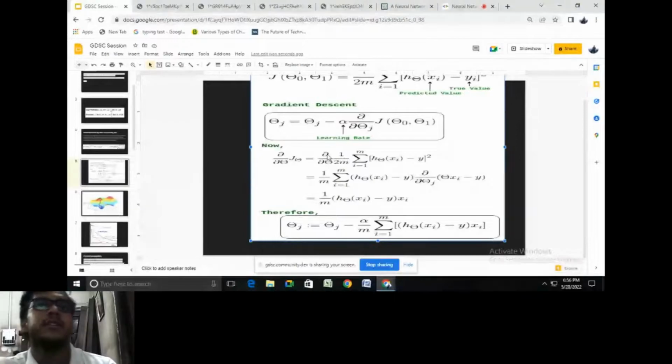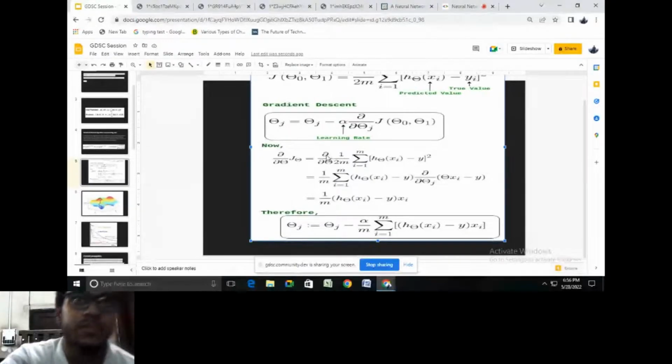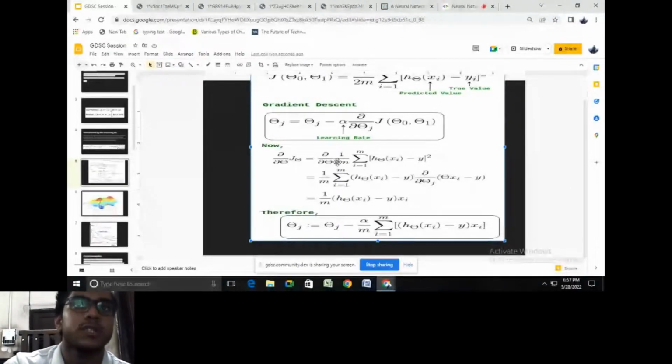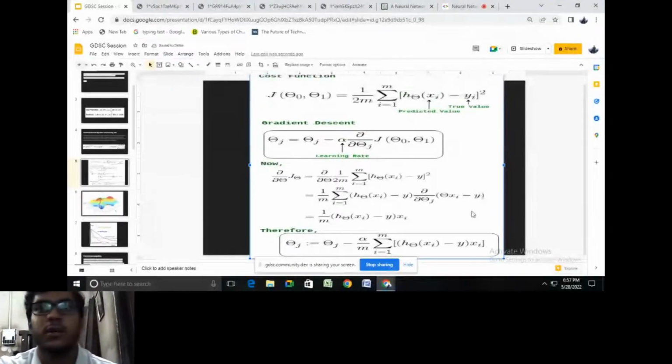When we differentiate partially with respect to theta, the index of this square term comes to the front and it gets cancelled. So this actually helps to simplify things a bit. That is the main motive of introducing this half term in the cost function. There is no other motive.